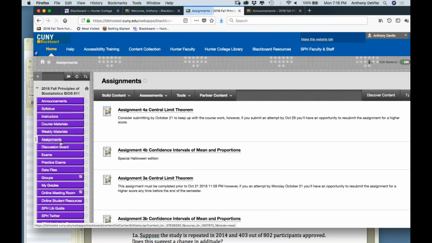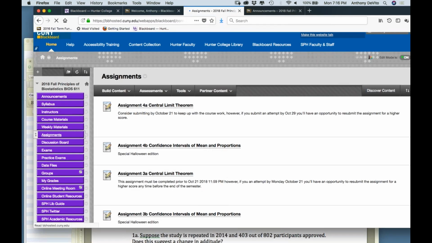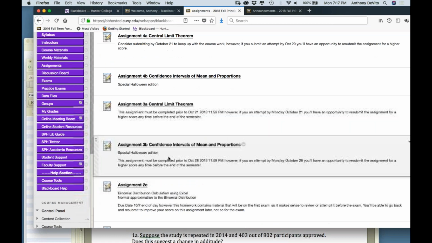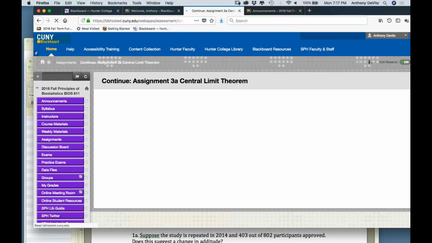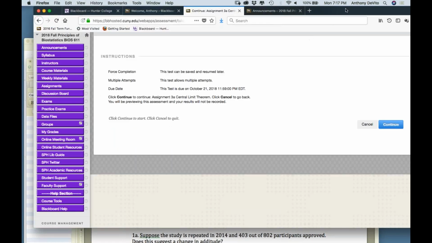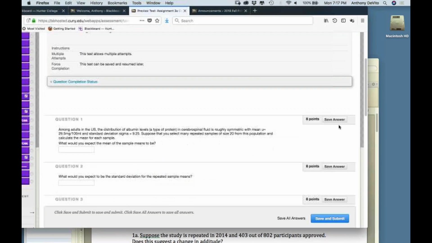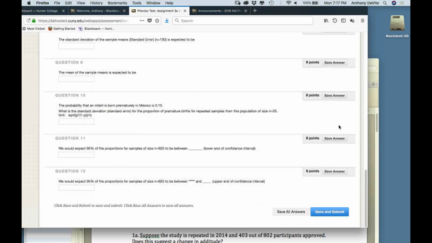Which homework was the first one that was an issue? 3A. Okay, which problem were we interested in? Okay, I know which one this is. This one, question 10 rather.